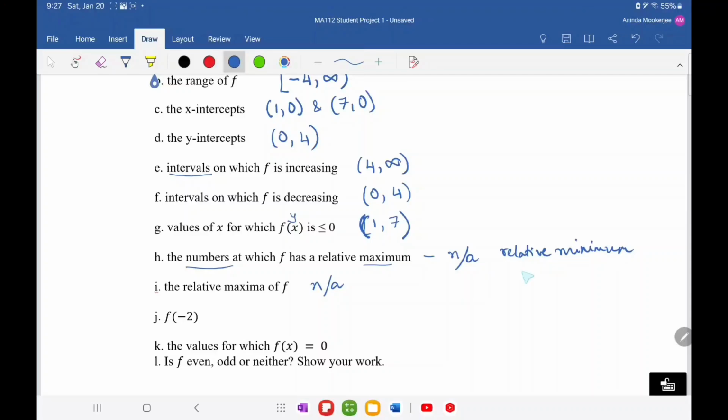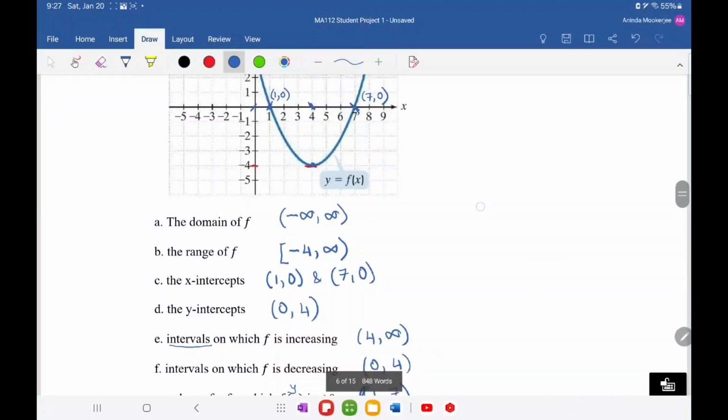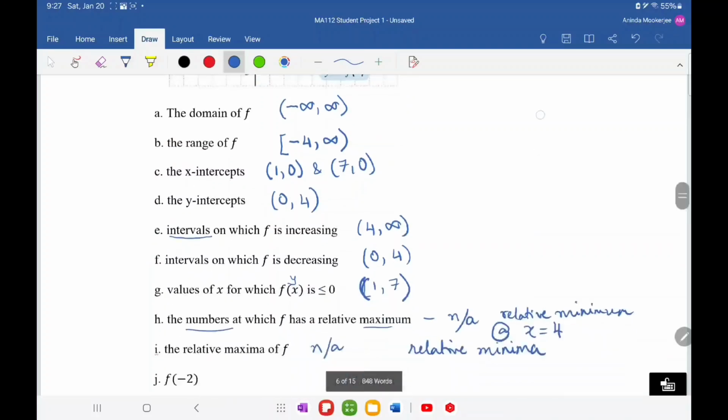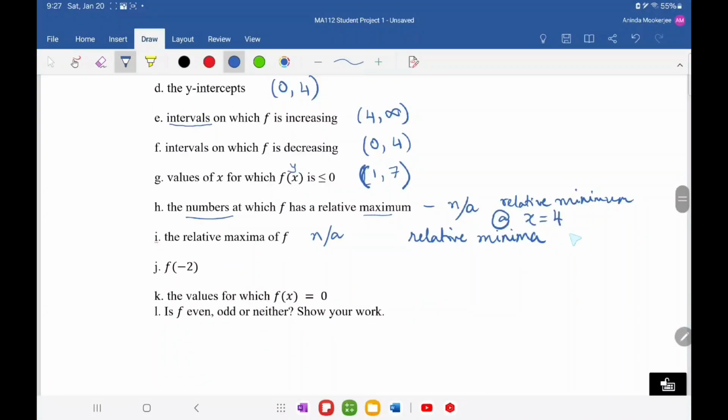So you were going to say x equals 4. And what would the relative minimum be? That's the y value we are looking for, it would be negative 4. All right, this value here. So it would be y equals negative 4.